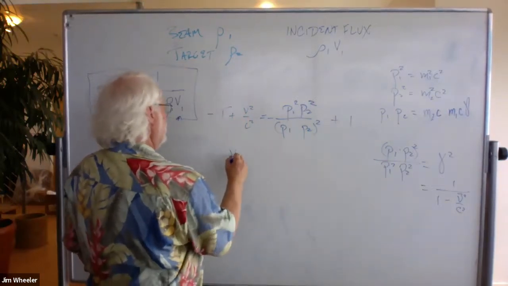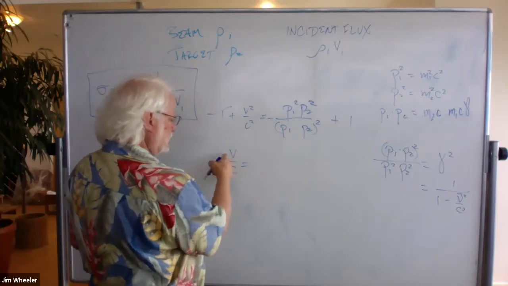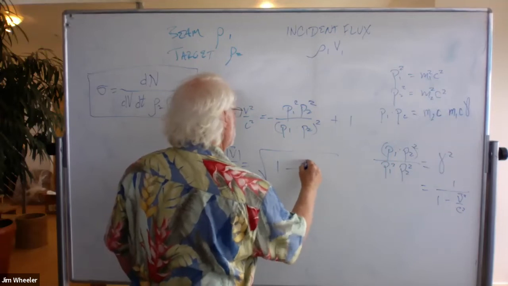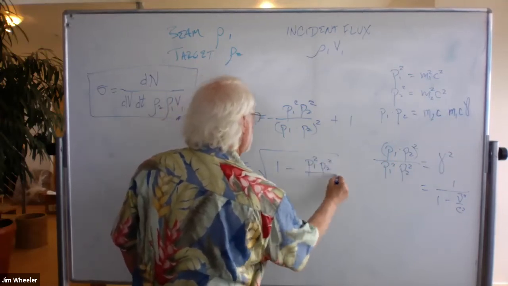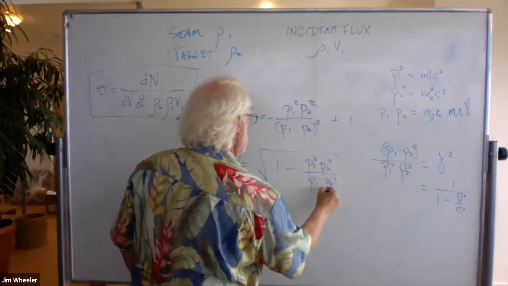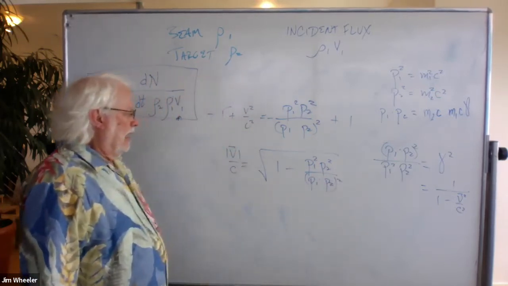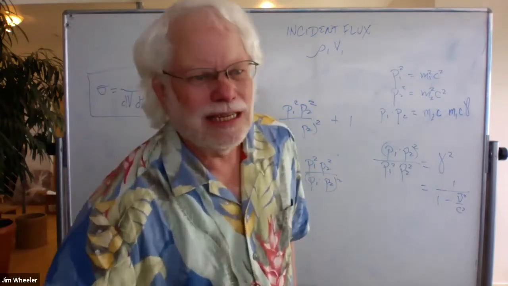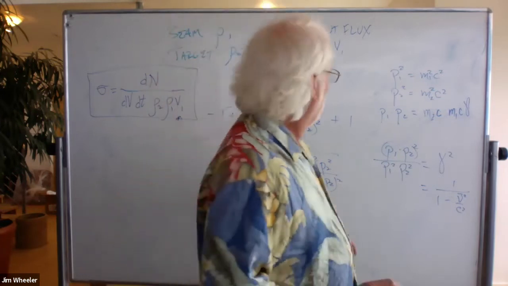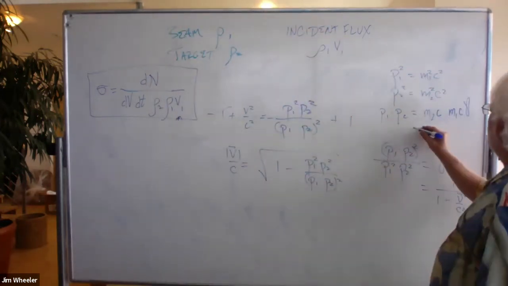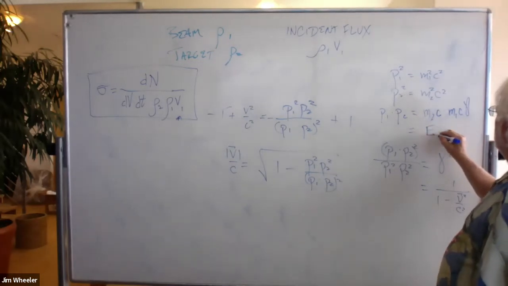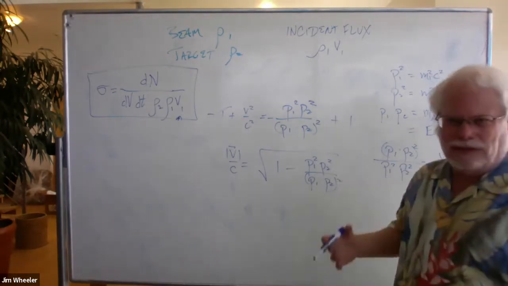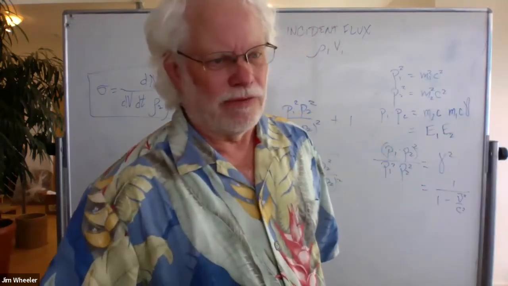So v over c, and this is the magnitude of v now, is going to be the square root of 1 minus P1 squared, P2 squared over P1 dot P2 squared. And it's kind of convenient to notice that this product P1 dot P2 is just E1 E2, up to factors of the speed of light, called the speed of light 1.